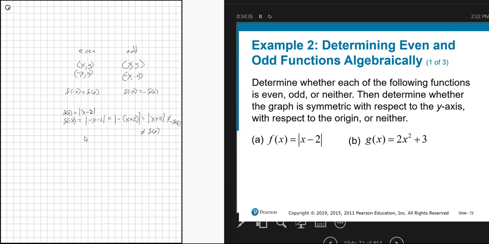Does it change all the signs, or only some of the signs, or none of the signs? Well, this one, because we worked through it, changed one sign. It went from x minus 2 to x plus 2, and we're done. So it's neither.